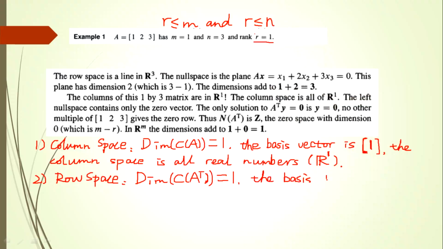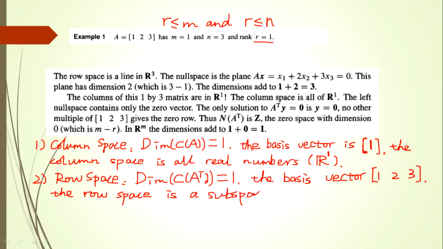The dimension is 1, which means there is only one basis vector. So this row space is a subspace of R3.